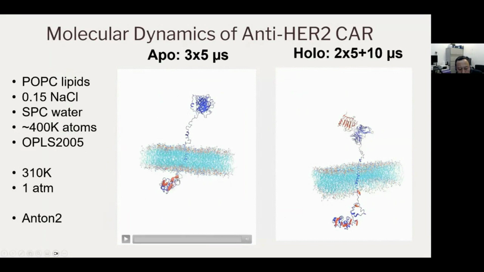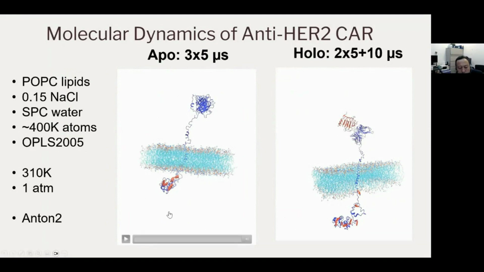Here I highlight the tyrosine, which is supposed to be exposed to solvent and ready for phosphorylation when it's activated. Then we build the whole system, including the antigen-bound one, and we want to compare. The simulation length is microseconds, and we do multiple simulations to make sure we get statistical significance.